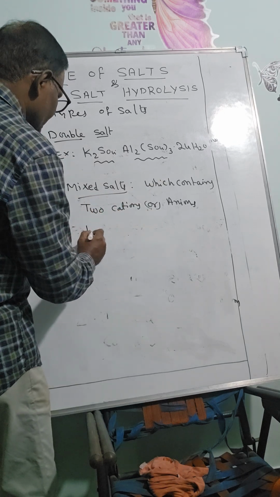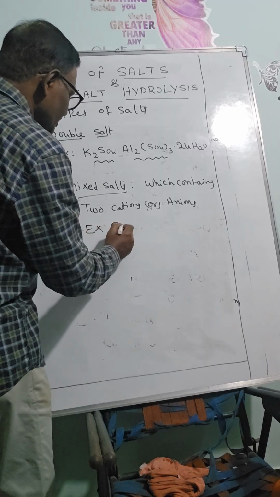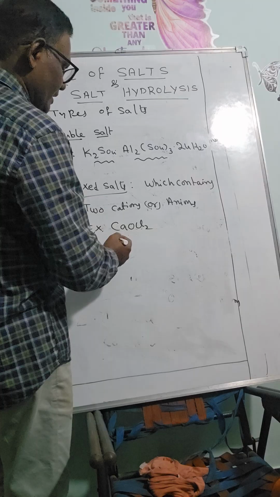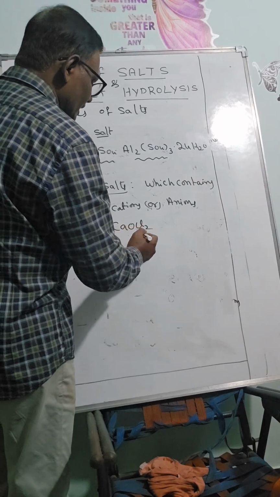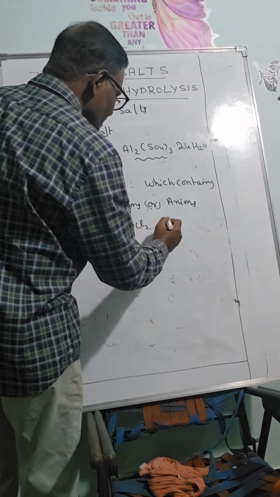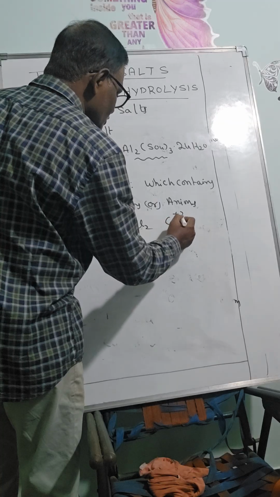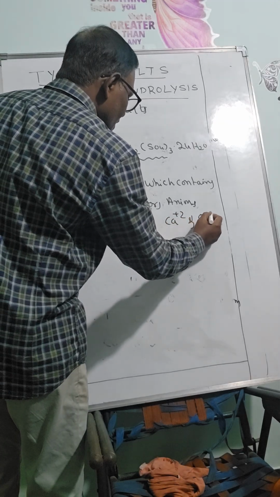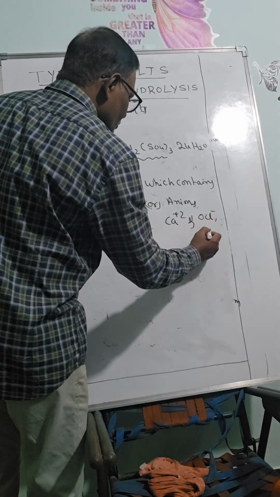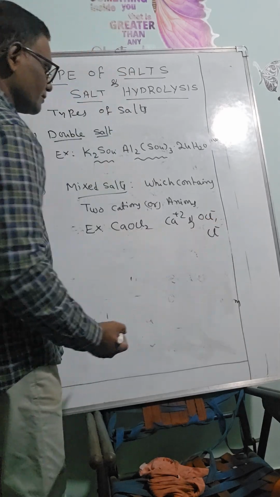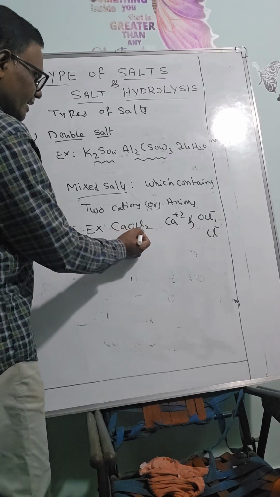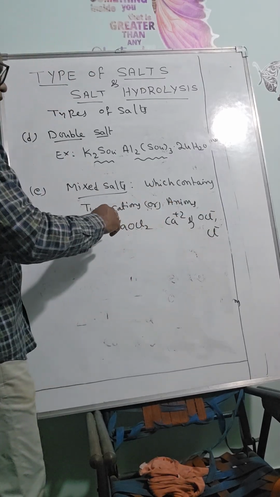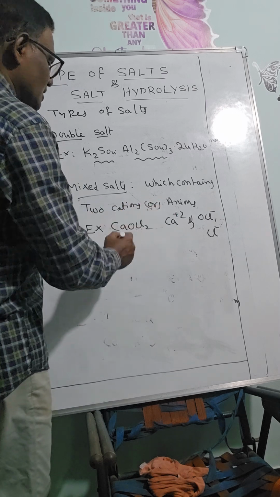See children, one example is calcium oxychloride. Calcium oxychloride is also bleaching powder, which contains a Ca2+ ion and two anions: one is the oxychloride ion and one more is the Cl- ion. So this salt contains one cation and two anions, or else one anion and two cations.